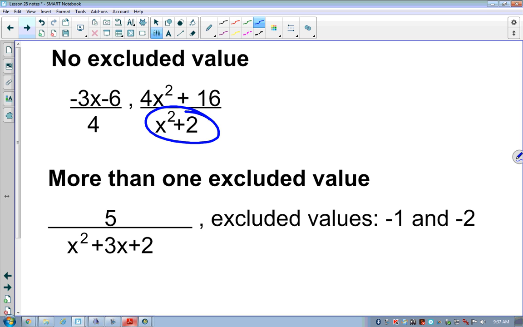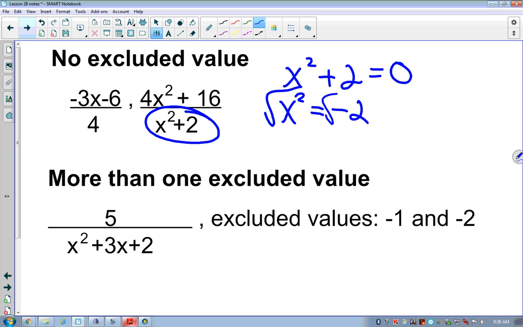So for instance, we would say, x squared plus 2 equals 0, right? If we're going to try to find the 0, we would subtract 2. We'd say x squared equals -2. Okay? Well, if I square root both sides, I'm getting x equals positive or negative square root of -2, right? That's not something I really have to worry about, okay?